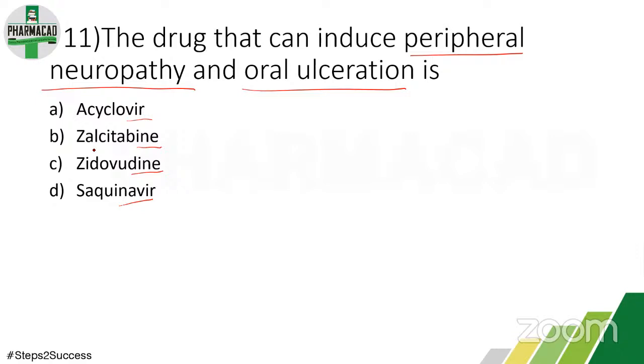Dideoxycytidine, that is nothing but zalcitabine, is a nucleoside analog used as an antiviral agent, and it has been reported to cause oral ulceration, esophageal ulceration, as well as peripheral neuropathy. So zalcitabine can induce peripheral neuropathy and oral ulceration as well as esophageal ulceration. The correct option is option B.